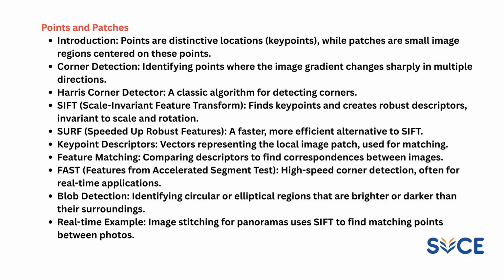A corner is a point where the image brightness changes a lot in multiple directions. I'll show you how the Harris corner detector finds these points by sliding a small window over the image and measuring how much the brightness changes, as we've seen in today's meme template also.